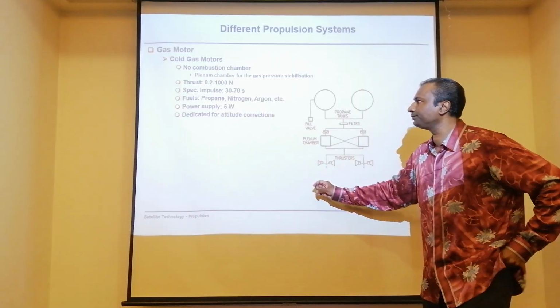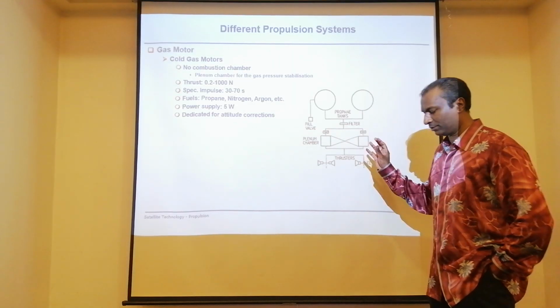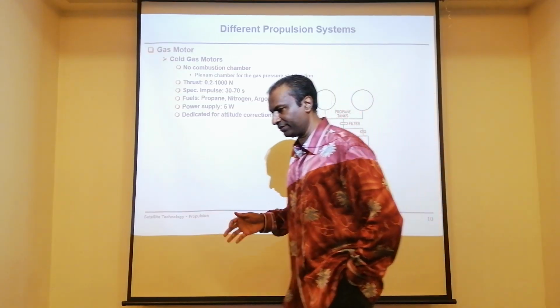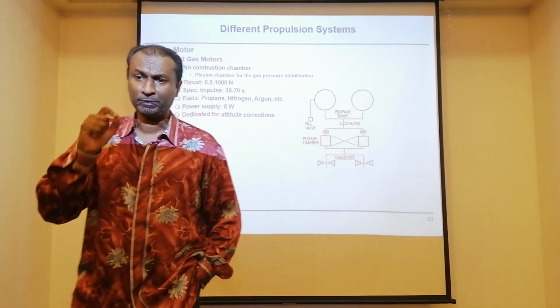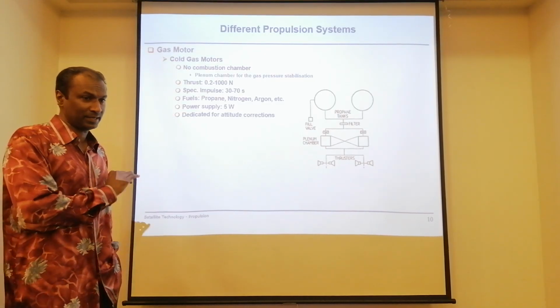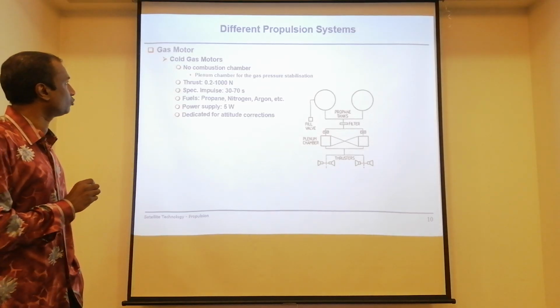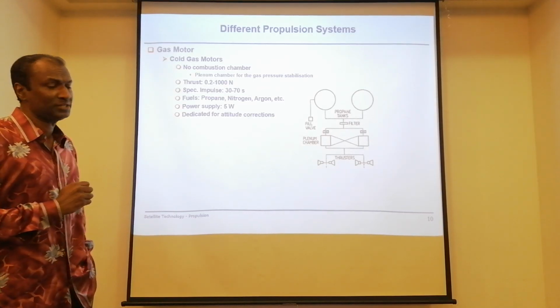Okay, go on. All right, now different propulsion systems. What we are going to look at here are different propulsion systems specifically for satellites, and here is what is commonly used. First one is a cold gas motor.